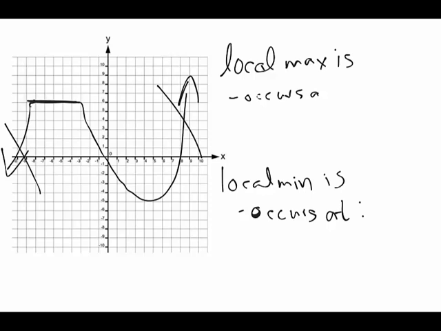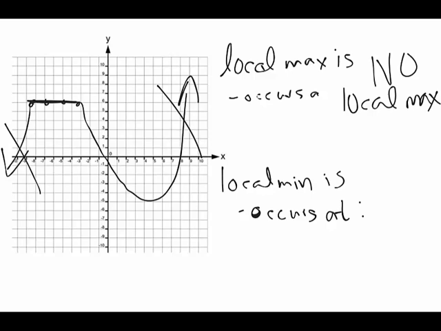These points are all exactly the same height, which means none of them are higher than the other one, right? So you kind of think of it as a contest, like who's the number one? Who is the highest point? Since none of these are higher than the other one, since they're all tied, we don't have a true winner. So there is no local max for this particular example.